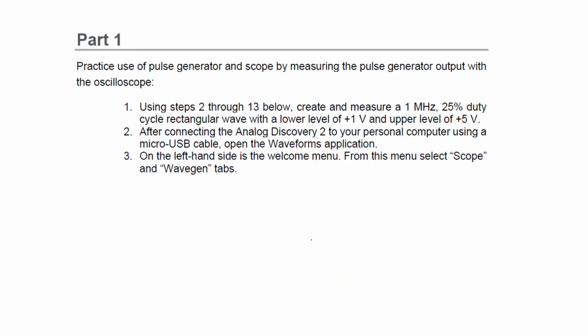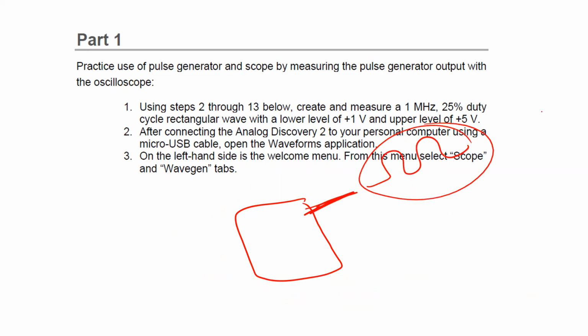Anyway, in the first part here, you have the discovery kit, and I want you to generate a signal so that you can learn how to use the discovery kit as a function generator. This is the first part. And then I will ask you to connect the signal you generated from the discovery kit to another input.